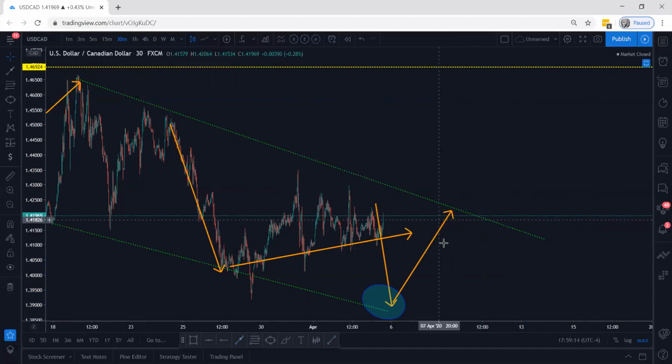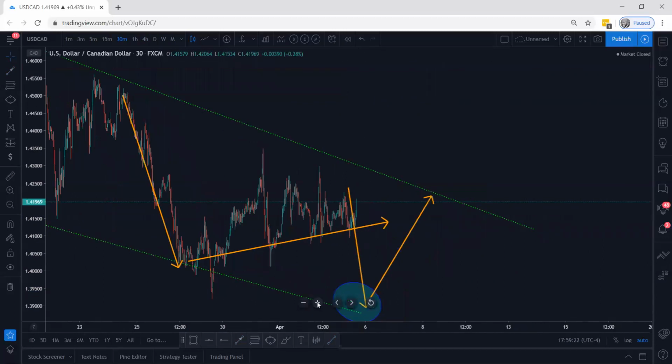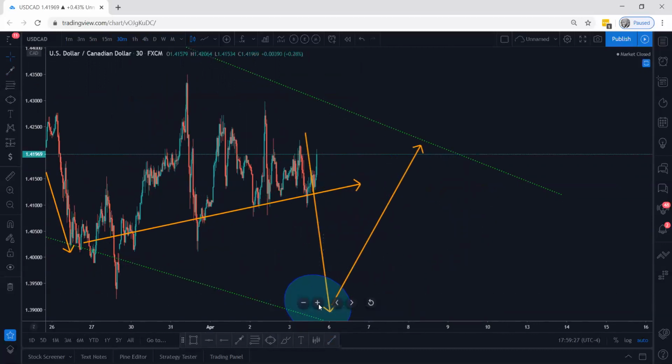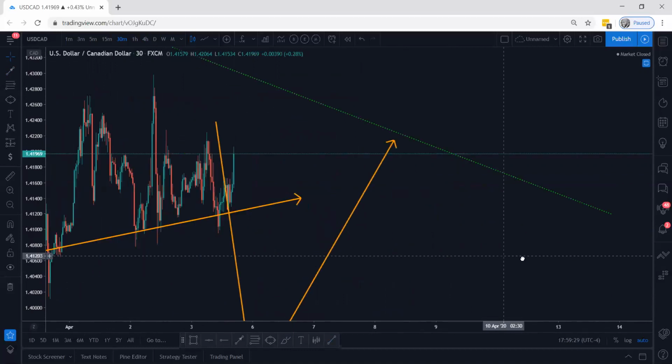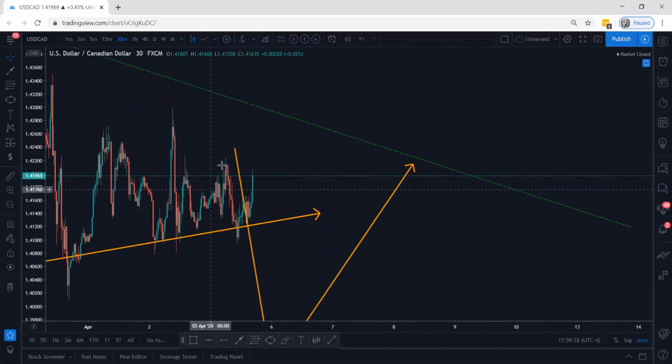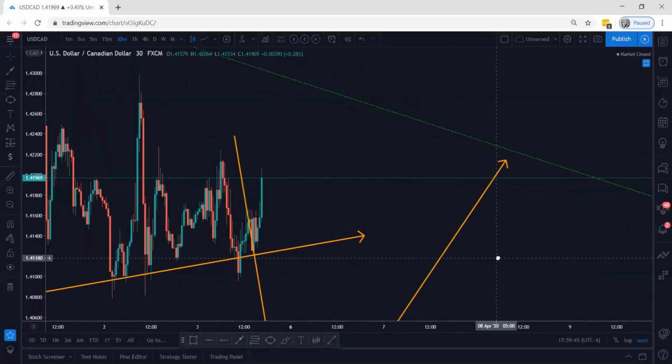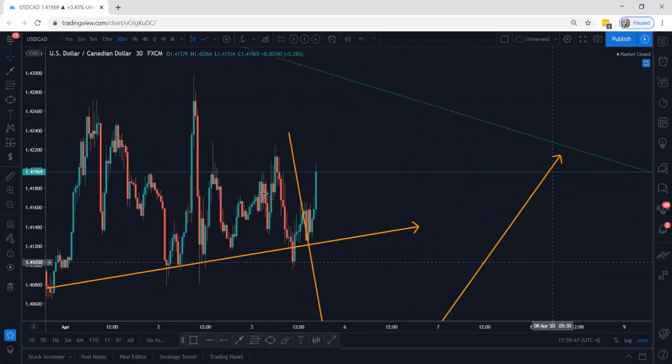So let's hone in on this area. I can see a couple of engulfing candles in that area that I can watch for a significant zone. I have one here.